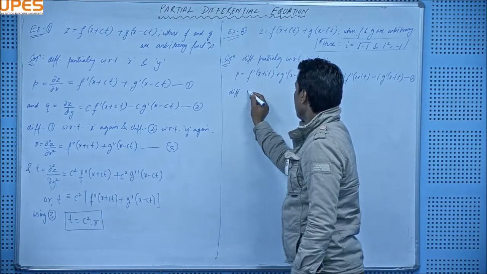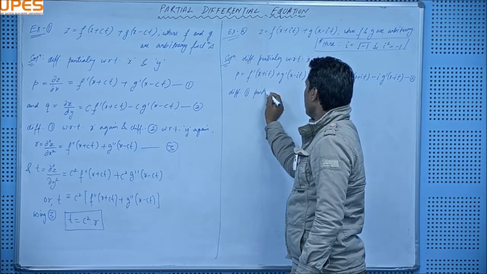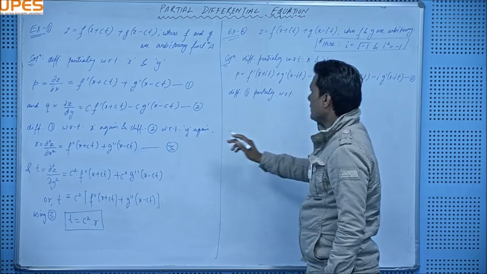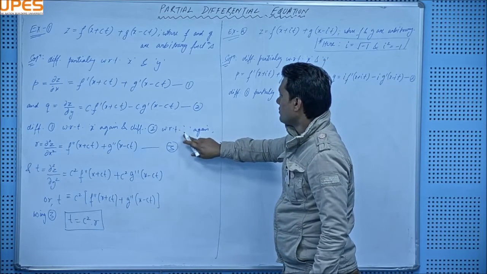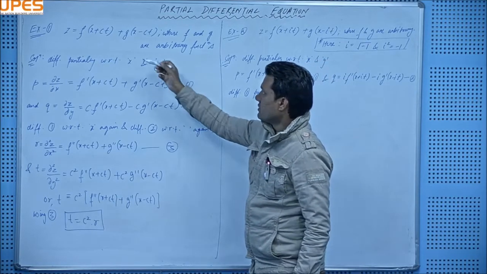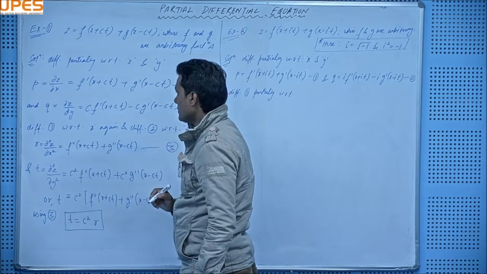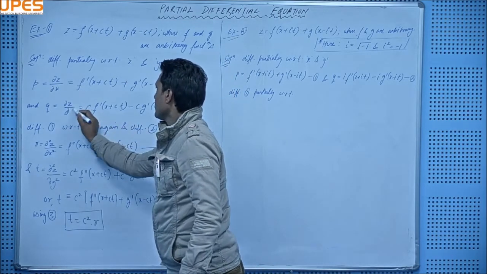Sorry, this is first t, this is not y, because the variables were x and t.